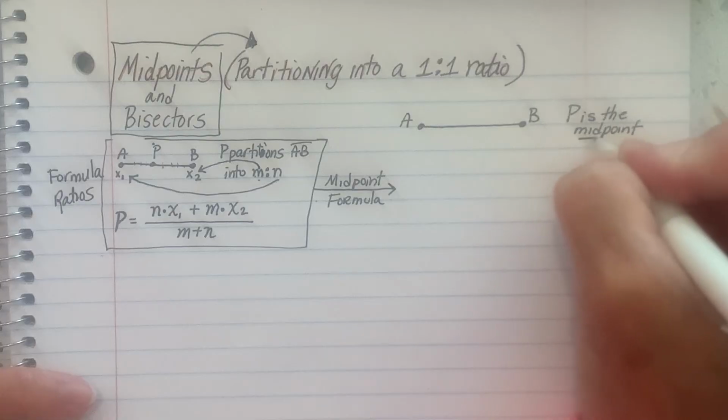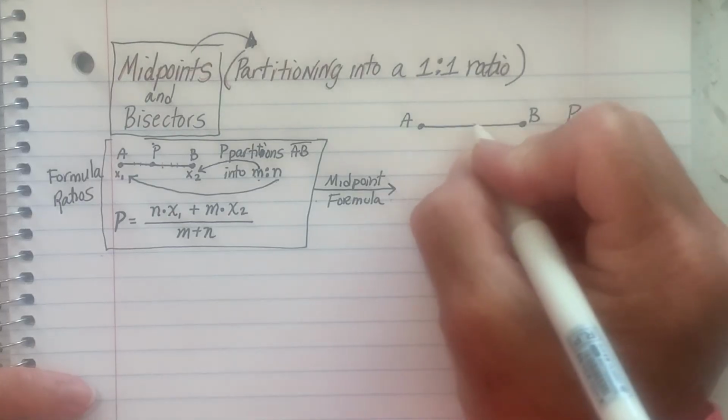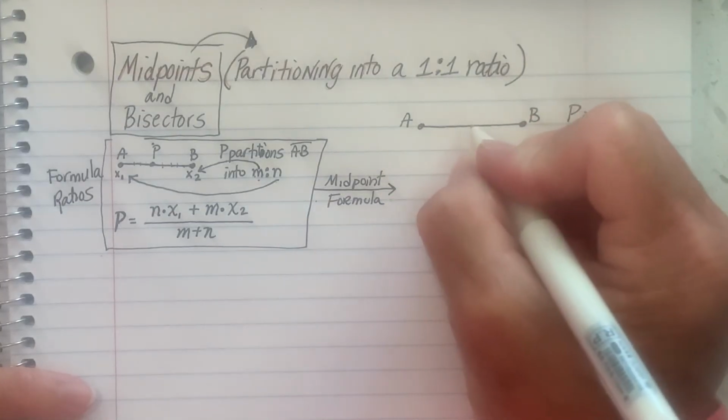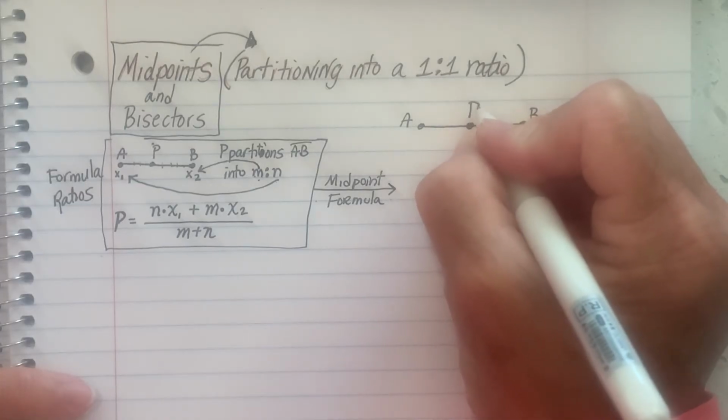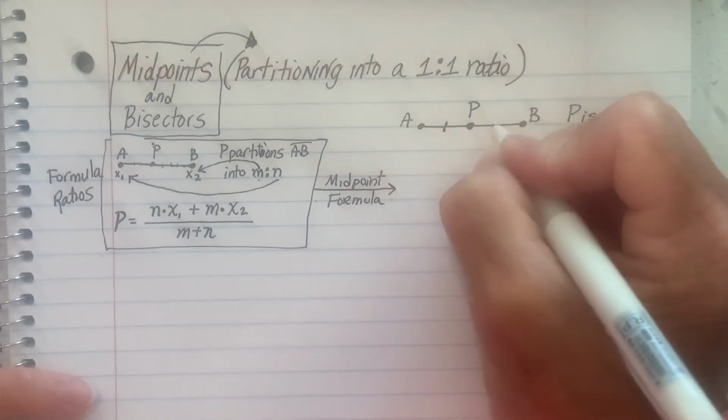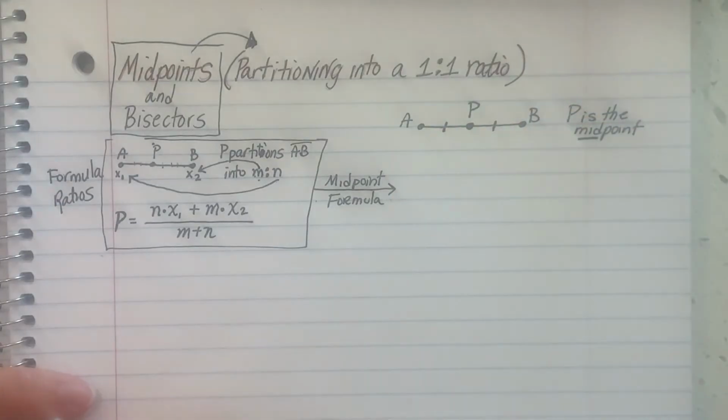So a midpoint is a point that is going to be exactly in the middle of this segment. It's going to split it into two equal pieces. And we show that with little tick marks like that.